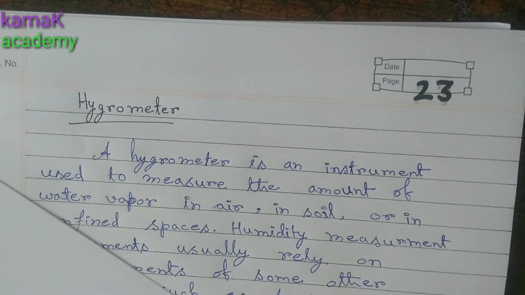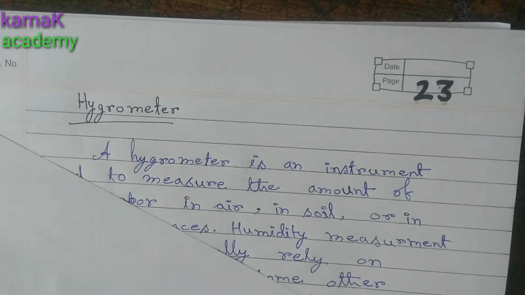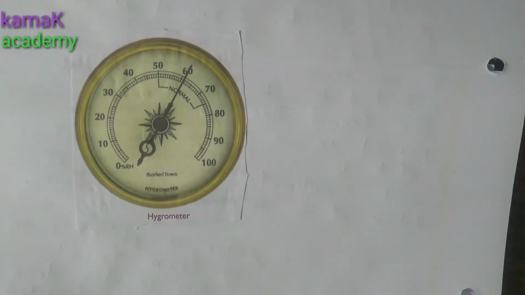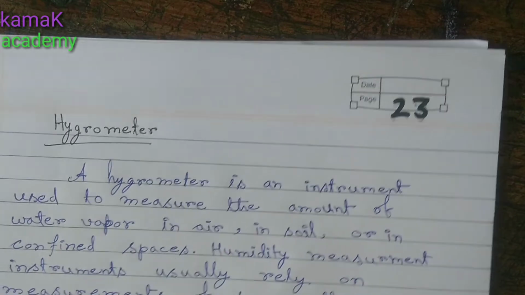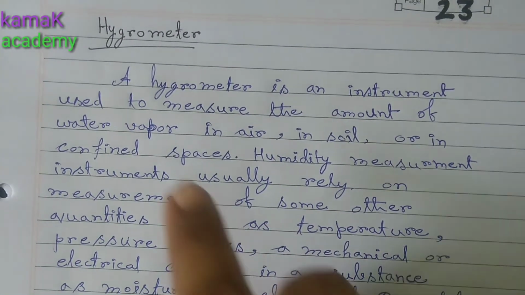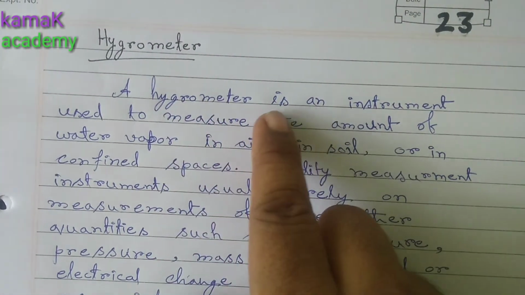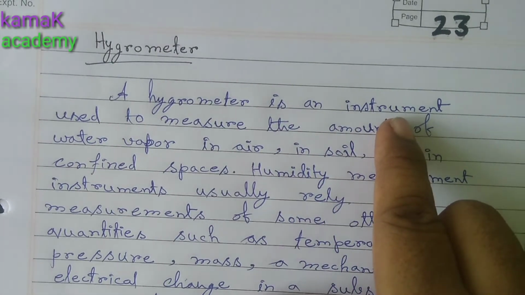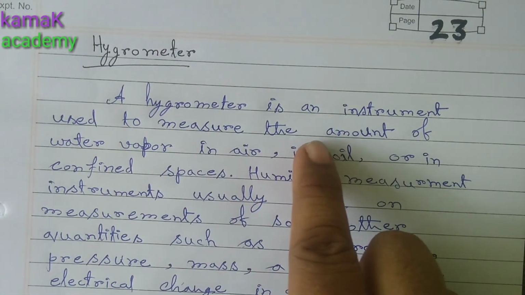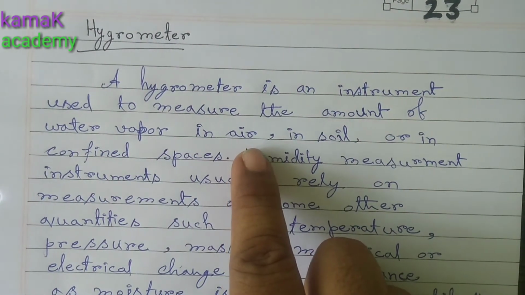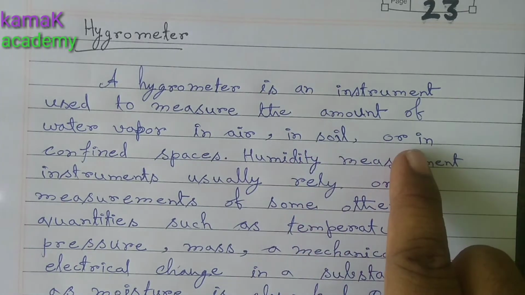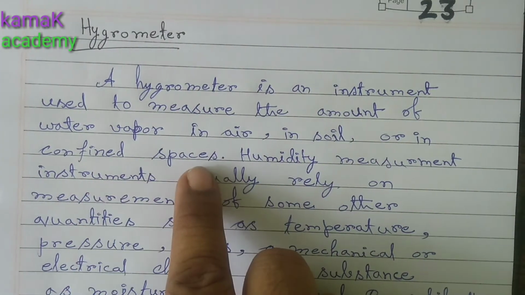Next is hygrometer, page number 23, and page number 22. This is the hygrometer diagram. A hygrometer is an instrument used to measure the amount of water vapor in air, in soil or in confined space.